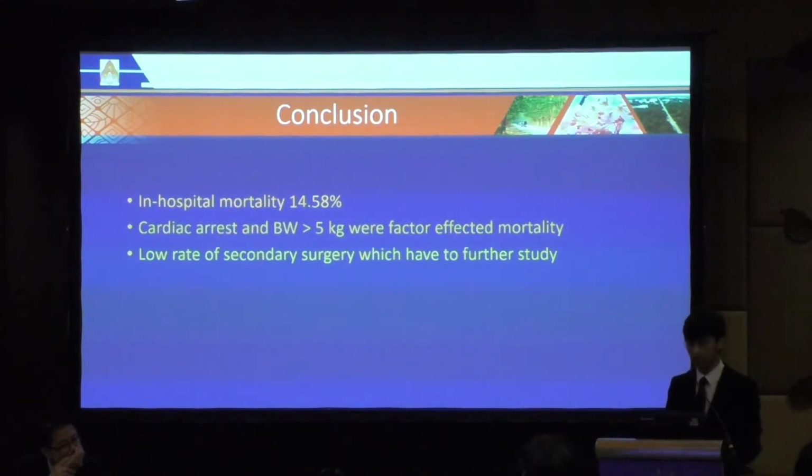In conclusion, in-hospital mortality was 14.5%, and cardiac arrest and body weight more than 5 kg were the factors affecting mortality, and there was a low rate of secondary surgery, which needs further study.